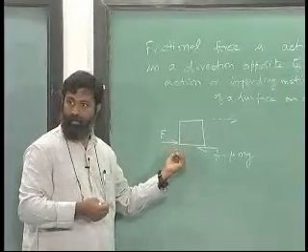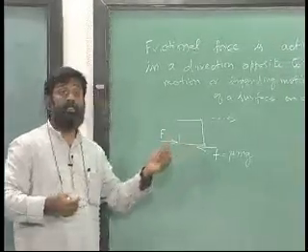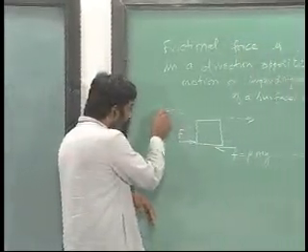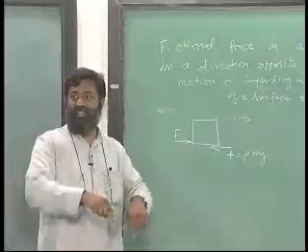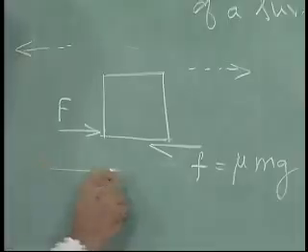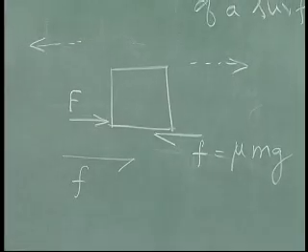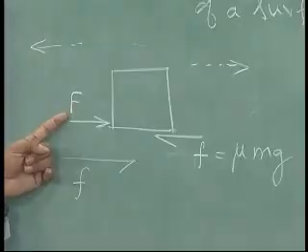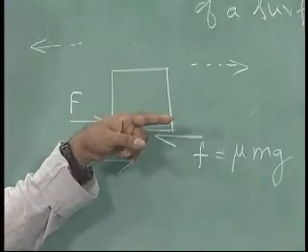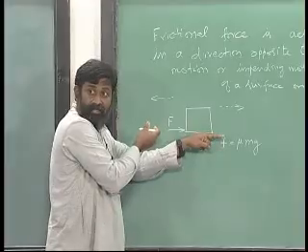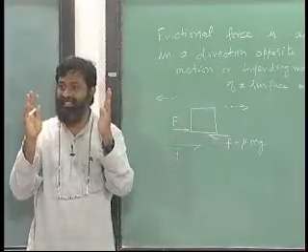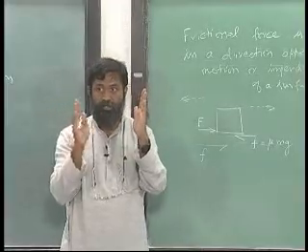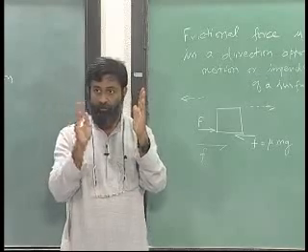Remember, when I pull it, again once I reach an impending motion in the opposite direction, then f will act in this direction, okay, and this should be understood, which means between a force that reaches mu mg in this direction and a force that reaches mu mg in this direction, the body is in static equilibrium and the frictional force changes from positive value to negative value.